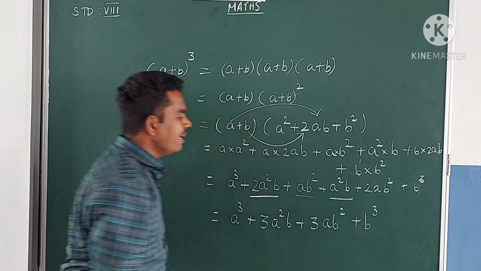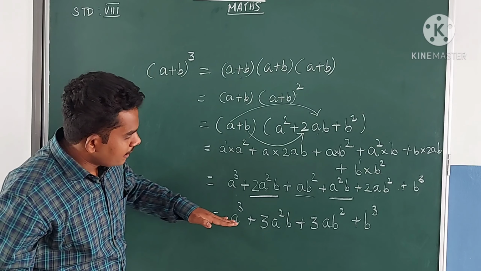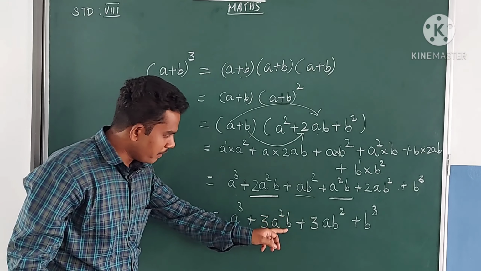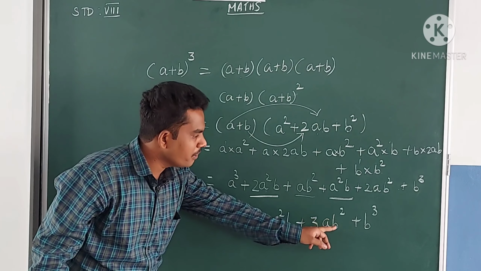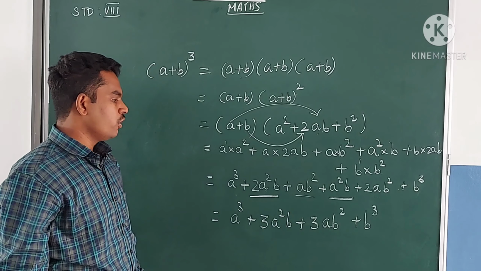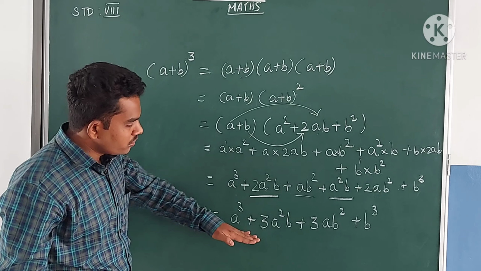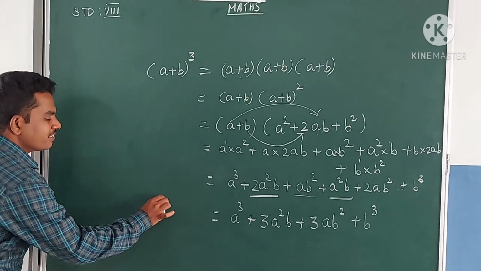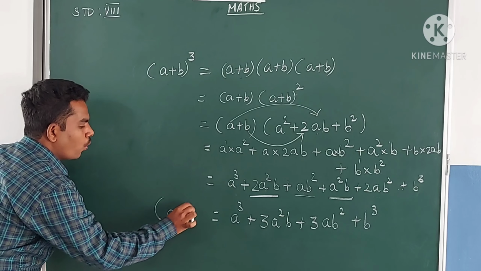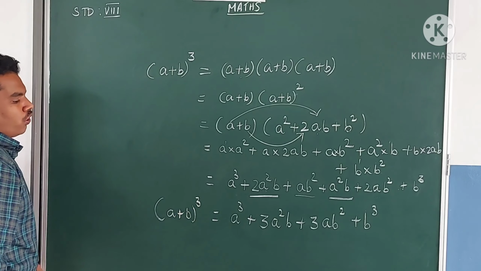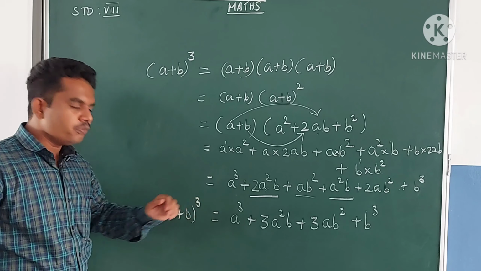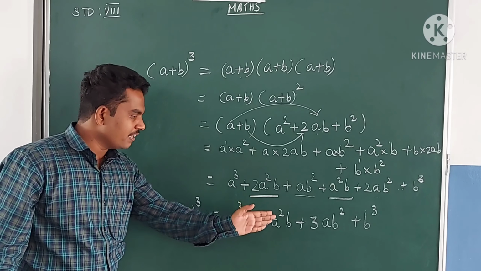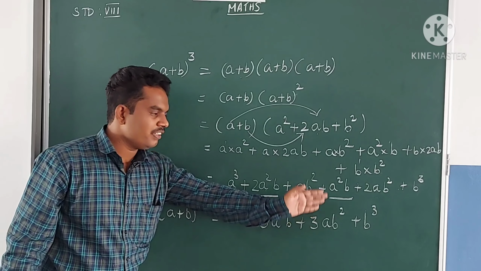So this is the final step. So a cube plus 3a square b plus 3ab square plus b cube. So this is the final simplified step. So the a plus b whole cube equal to a cube plus 3a square b plus 3ab square plus b cube.